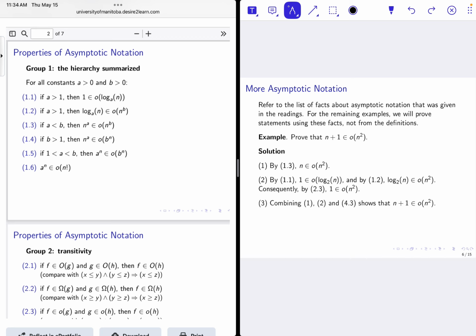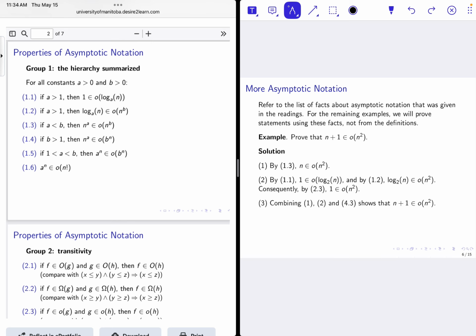Fact 1.3 is very similar to the fact that we went through earlier in the slide. Basically, polynomials can be ordered by their exponent. And by this, we know that n is in little o of n squared. Notice that the fact uses a strict inequality. So n isn't in little o of itself, but it is in little o of n squared.